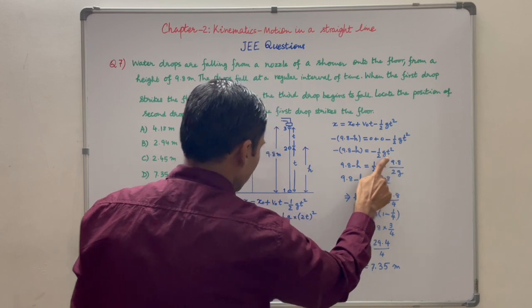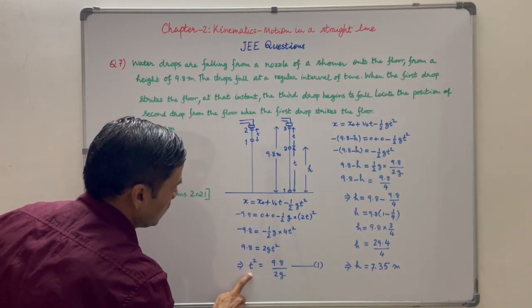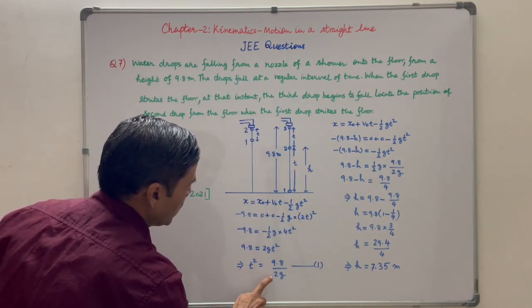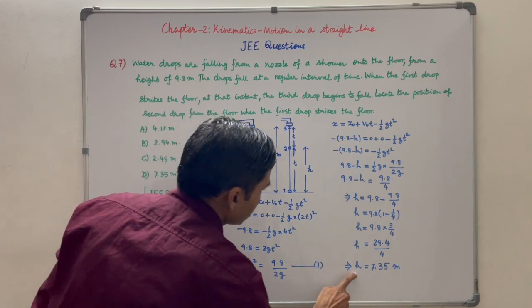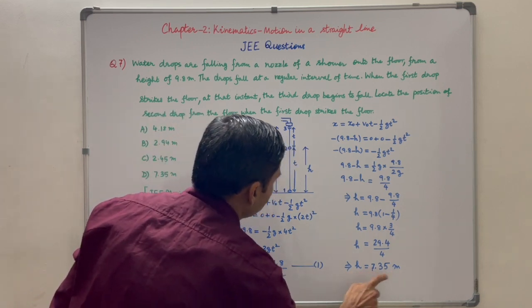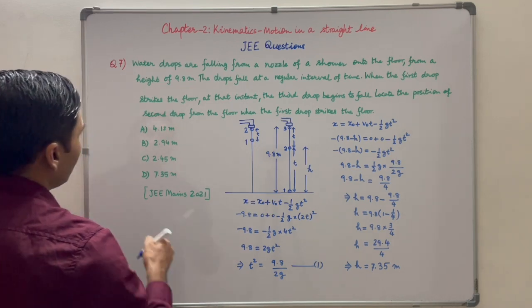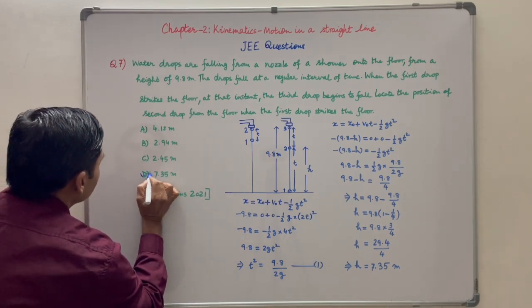Now value of t square can be substituted from equation 1. T square is equal to 9.8 upon 2g. So h comes out to be 7.35 meter. So the correct option is option D.